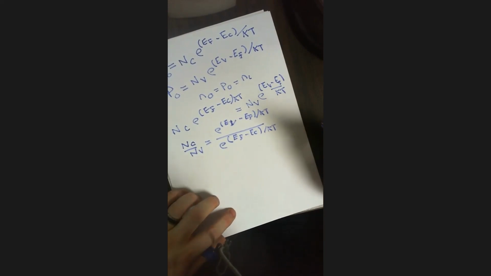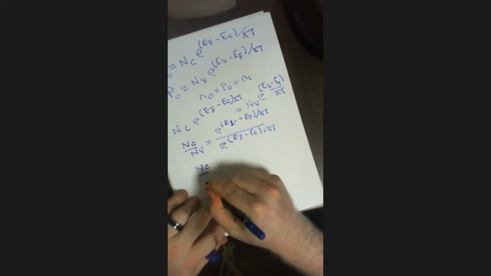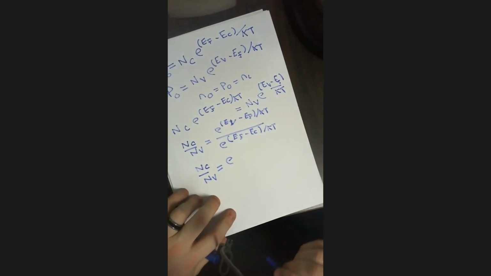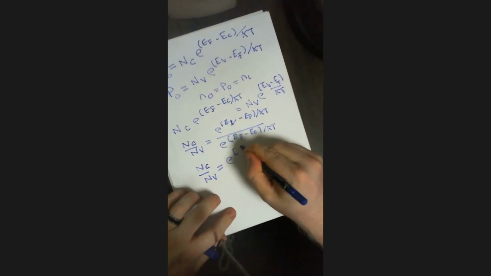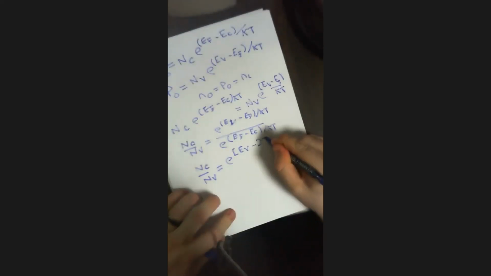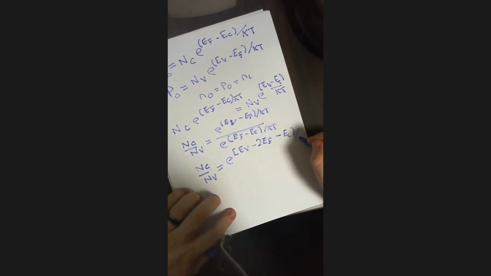So you can easily say that this is equal to this minus this. So NC over NV is equal to exponential EV, here we have minus EF and another minus EF, so minus 2EF, minus EC, all over KT.